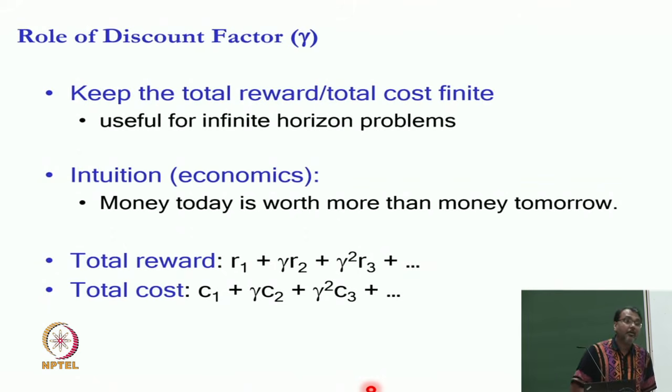So, now for the right action my total reward is 1 plus gamma plus gamma square up to infinity, which is 1 upon 1 minus gamma. For the left action it is 2 plus 2 gamma and so on, which is equal to 2 upon 1 minus gamma, and as long as gamma is not 1 but less than 1, this action will come out to be better than this action, which is what we wanted.